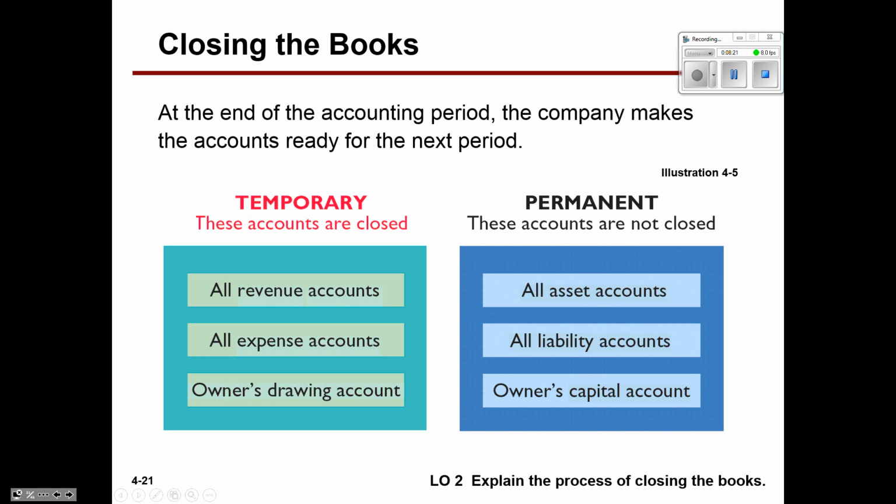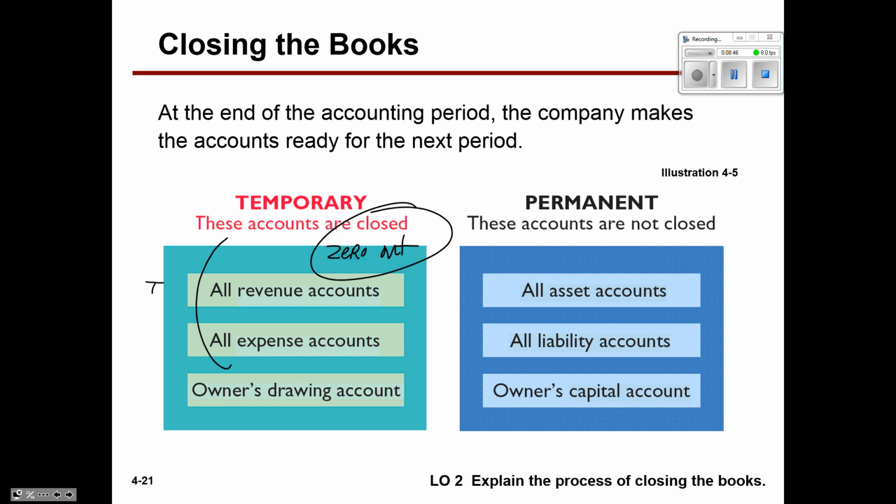Temporary accounts are closed. Another word for that is zero out. It's like they get packaged up to that fiscal year and put on the shelf. Any revenue accounts, any expense accounts, and the owner's drawing account.